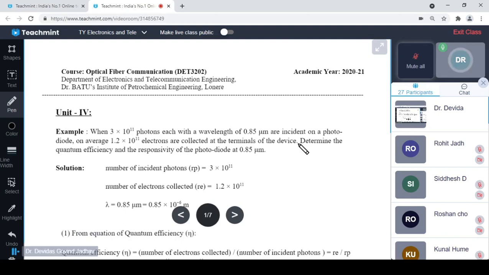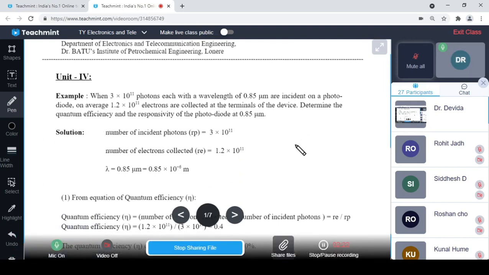What is given in the numerical? Number of incident photons per second, RP, is 3 into 10 raised to 11.